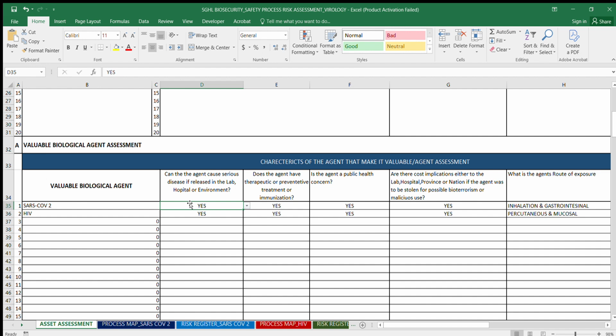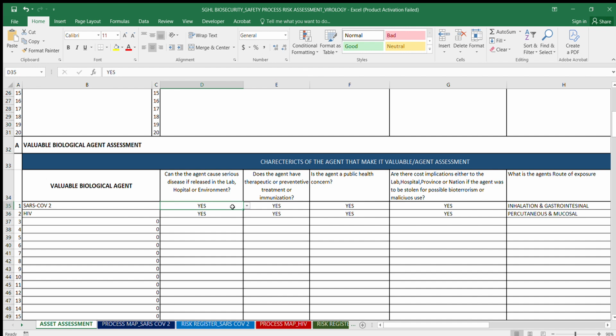The first question you ask is, can the agent cause serious disease if released in the lab, the hospital, or the environment? If it can cause serious disease, it means that it can harm a lot of people quicker, and people may even die, as compared to something that cannot cause serious disease.